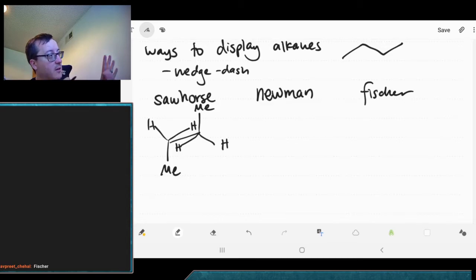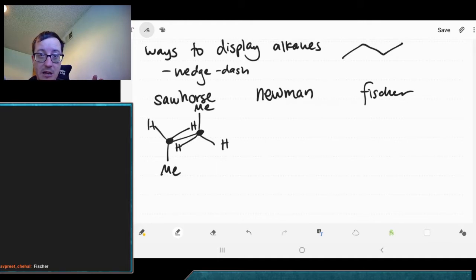So you'll have one carbon, you'll have the bond between it and the next carbon, and you're looking at them from the side, at a bit of an angle. So we can see those two carbons that we're looking at, here and here. Those are the carbons of the bond we're focusing on, and we're looking at them from the side. So we can look at what substituents are on those carbons, and we'll be able to focus on those if we want to.